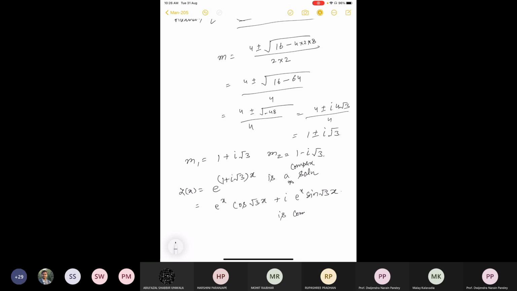And this implies that e to the power x cos of root 3x and e to the power x sine of root 3x are two real solutions.